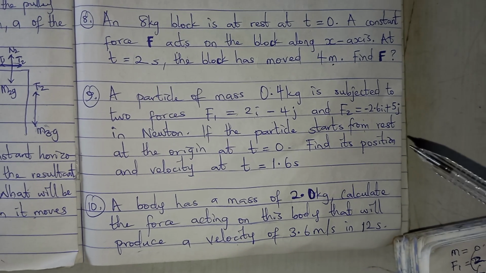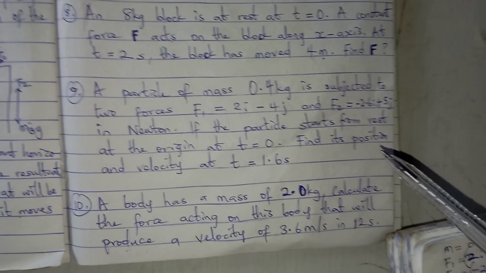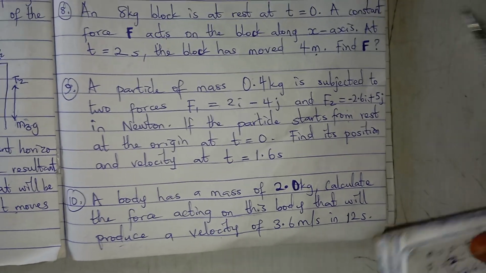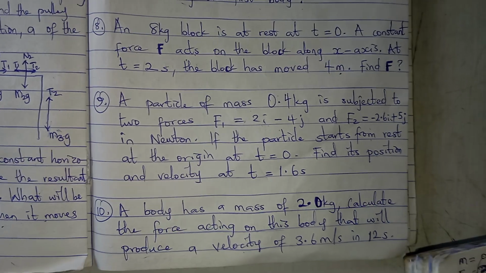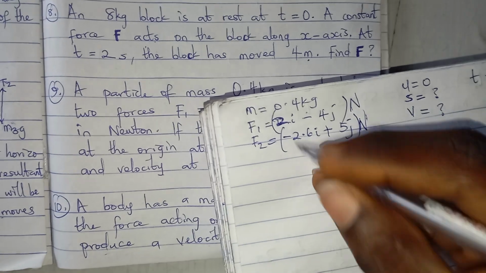When you finish, to add up or subtract so that you get the resultant, you simply do Pythagoras. Remember, we did that on vectors. So since they did not say that the forces are in opposite direction, it simply means that I will get the resultant force. So let me do my i.